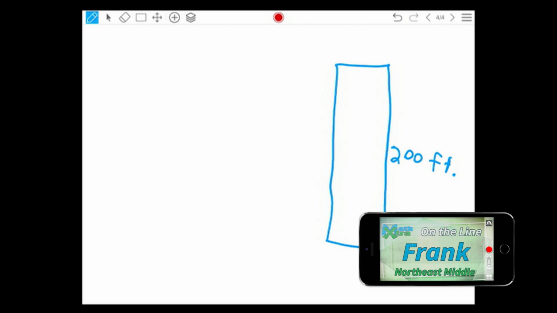So let's say we're going to draw out some plans, and we'll say every 1 inch equals 20 feet. So every 1 inch on our plans equals 20 feet of our building.